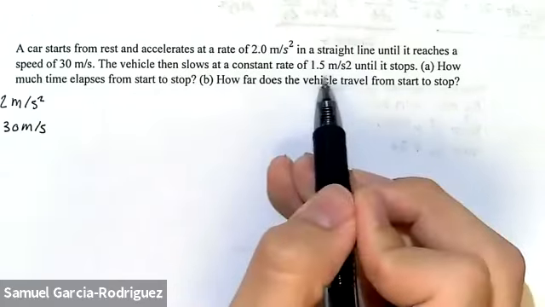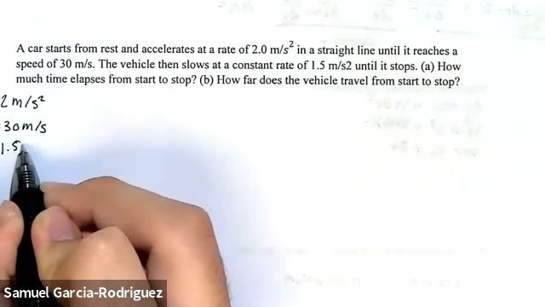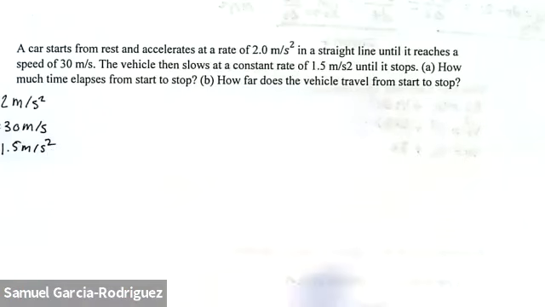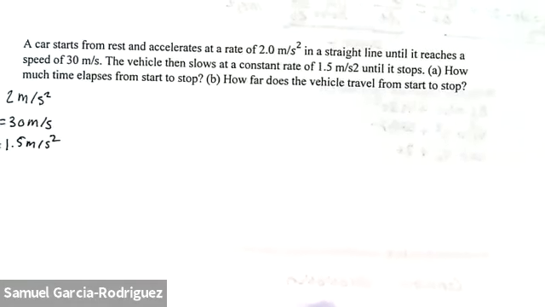Okay, what is that 1.5? That's an acceleration. Oh, wait. Yeah. Okay, so I'm going to go ahead and write this one as A naught and this one as A final, 1.5 meters per second squared. And then other than that, it doesn't give us anything.